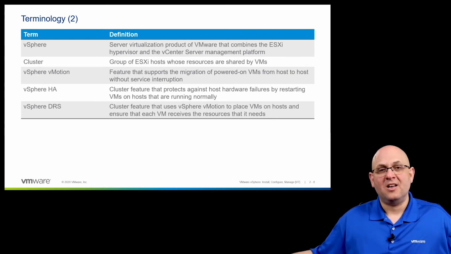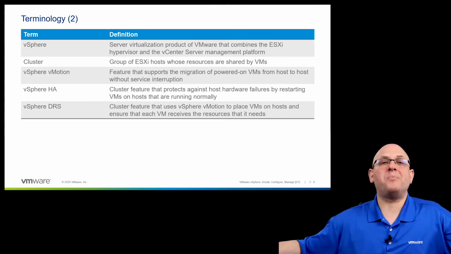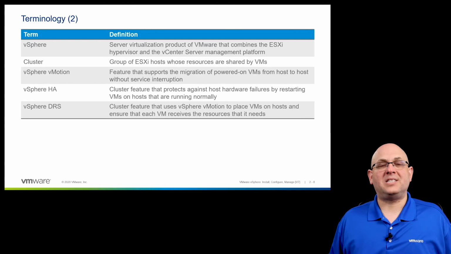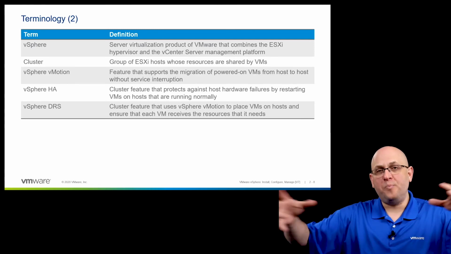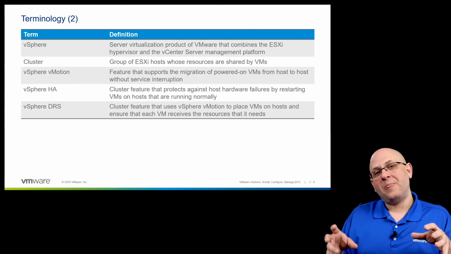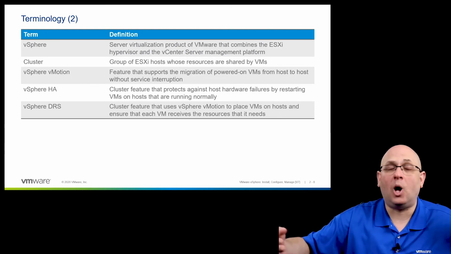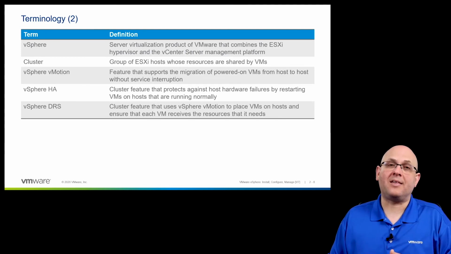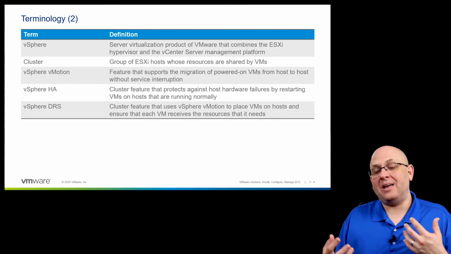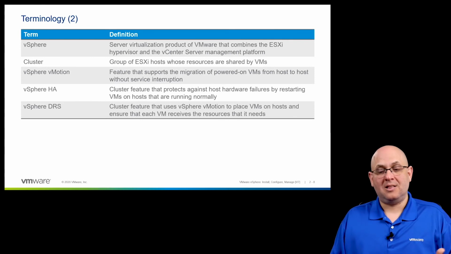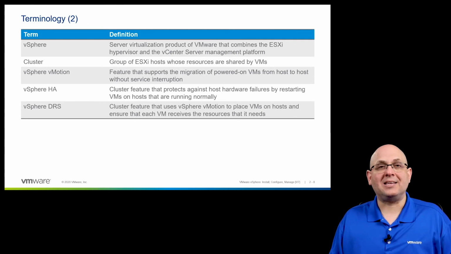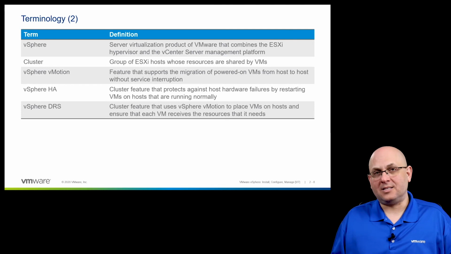Take all the CPU and all the memory and all the networking of 64 ESXi hosts and group them together. Now we can manage all of these aggregate resources together, and we can implement features like vMotion and HA and DRS within a cluster.